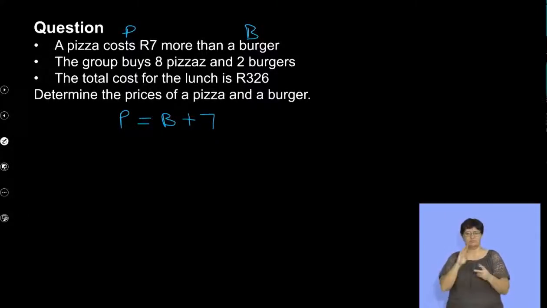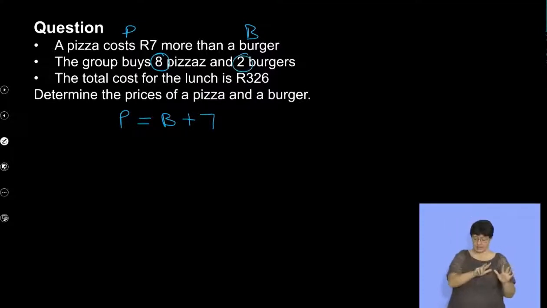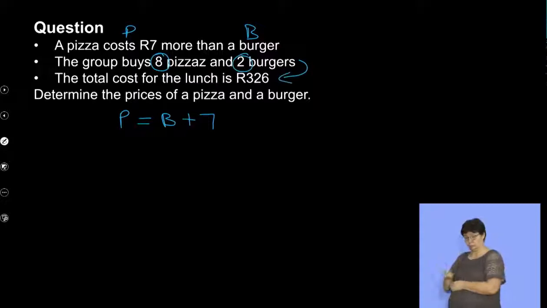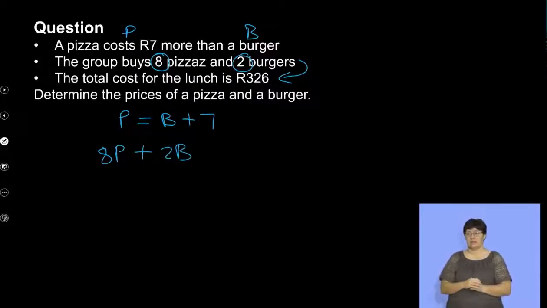Now, what else do I know? I know that they bought 8 pizzas and 2 burgers for a total of that. So 8P plus 2B will give me a total of 326 Rand. So they spent a total of 326 Rand.